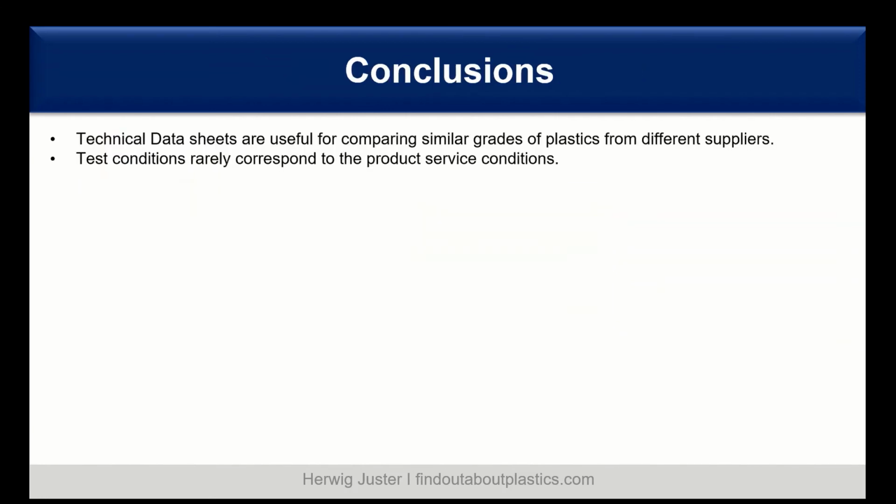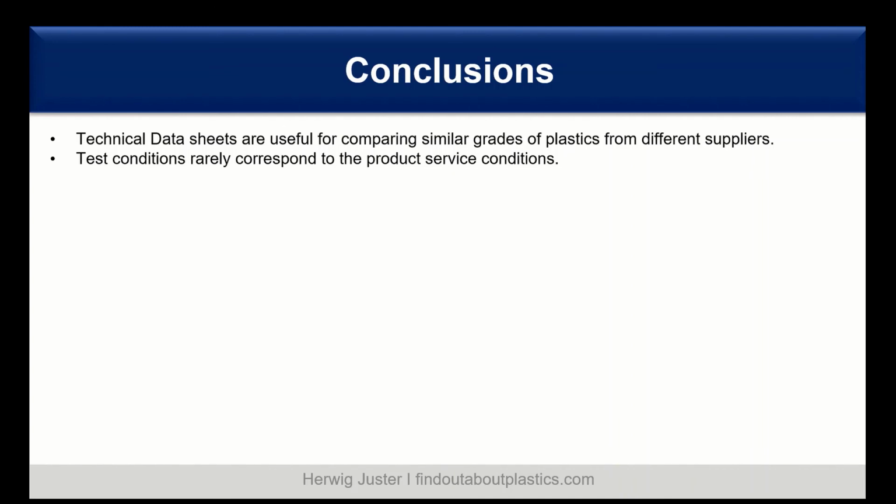Okay, this was how to read the technical data sheet, the properties. Let's finish with a conclusion. So TDS are a useful tool for comparing similar grades of plastics from different suppliers, for example. And together we have to say that also the test conditions rarely correspond to the product service conditions, so how your final part is performing.